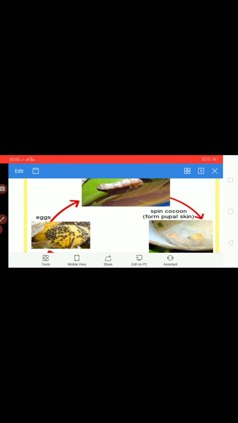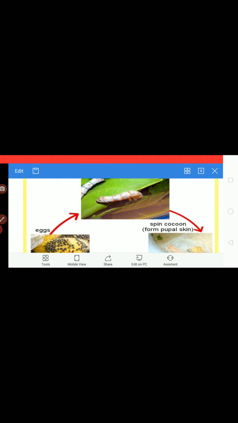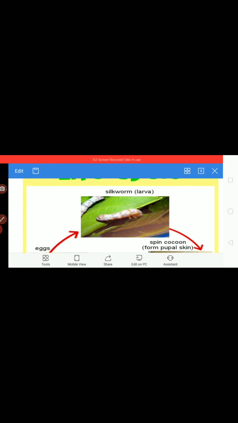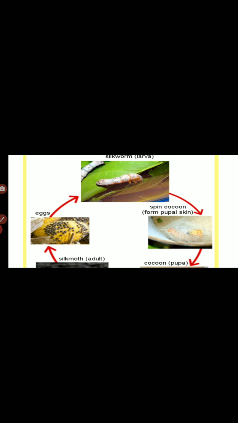First, eggs are laid. This is the larva, the caterpillar. In the larva state, it is eating mulberry leaves. After 30 days this caterpillar secretes a protein-like material around its body. This is your cocoon.